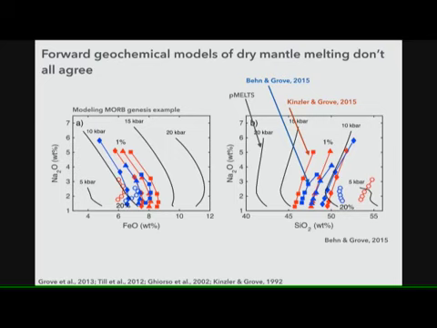So you can see that if I were to use P-melts and I were to melt at 20 kilobars, and up here at the top is if I have 1% melt, and at the bottom is if I have 20% melt, I would get something, for example, that is much lower in silica using P-melts at 20 kilobars compared to that same calculation from Kinsler and Grove versus that same calculation from Bain and Grove. So there's still some questions. We can compare these to natural samples, but we still struggle a little bit. Bain and Grove are proposing we're doing the best job so far, but there's certain limitations and pros and cons to each model.